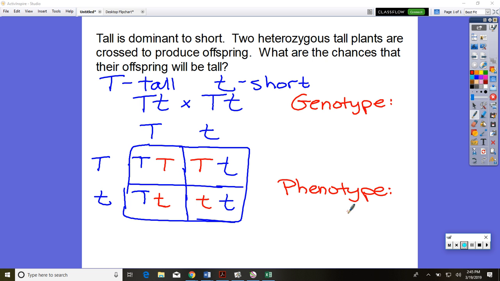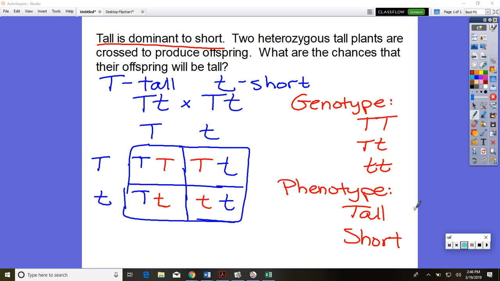So I have all three combinations available in my genotype. Next, I want to consider my phenotype. The phenotype is what you see. So the options here, it tells me tall and short are what these plants could look like.